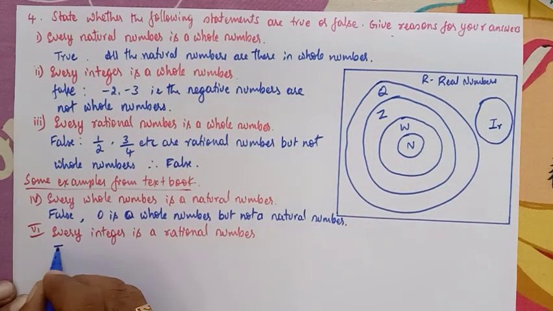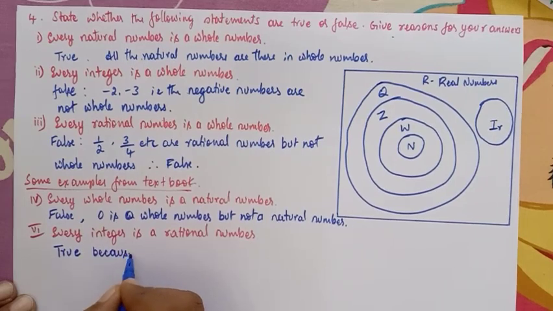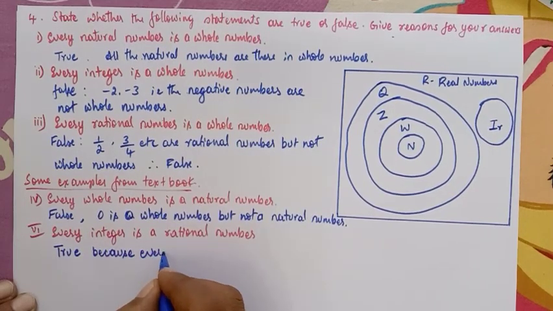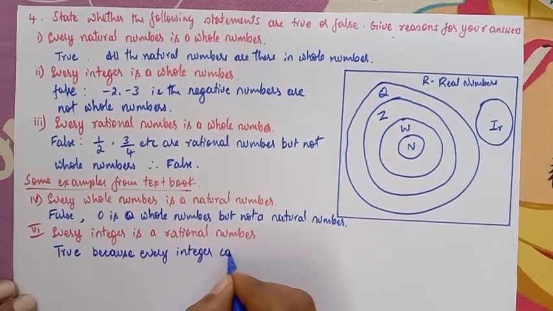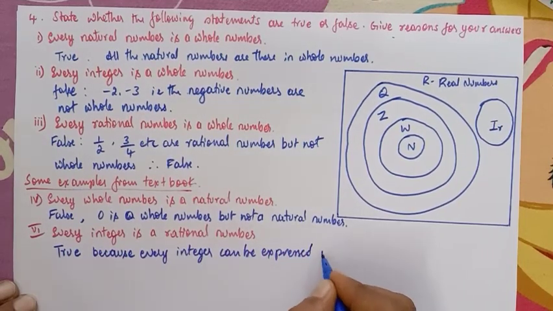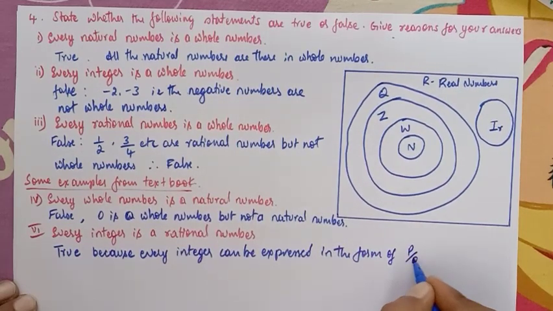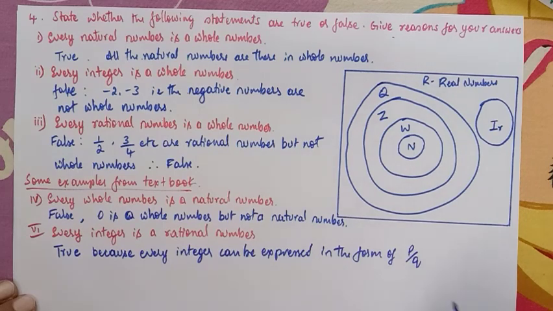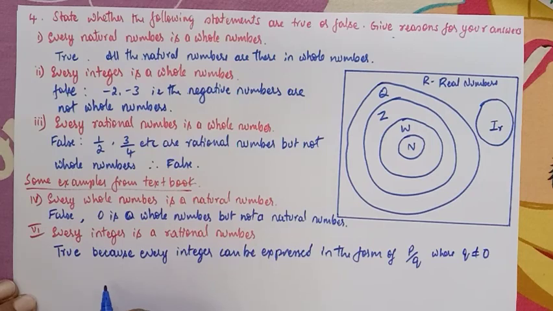So it's true because every integer can be expressed in the form of p by q, where q does not equal 0.